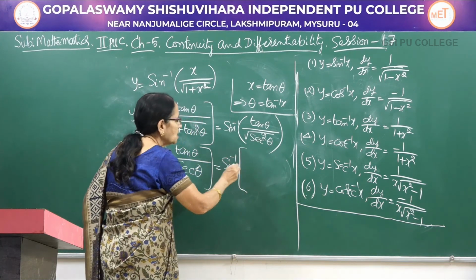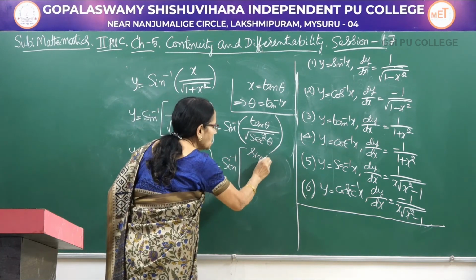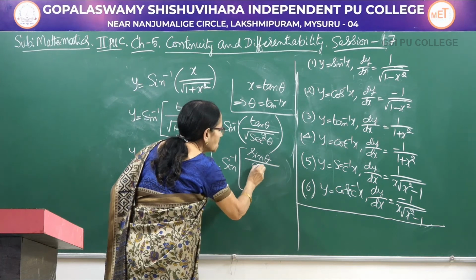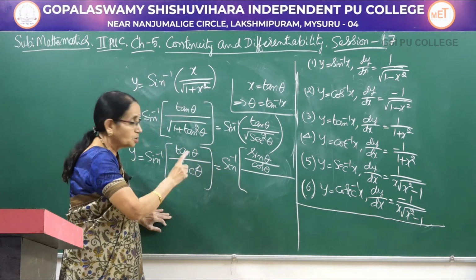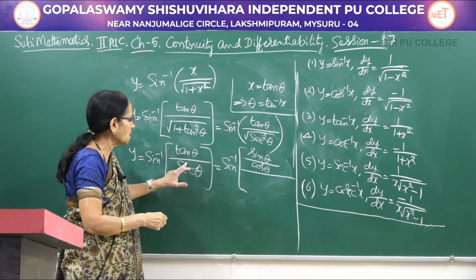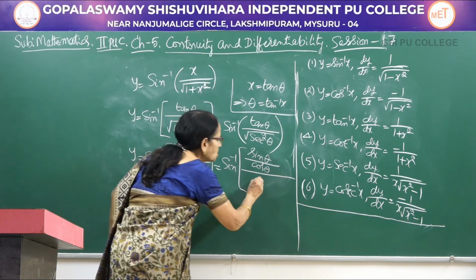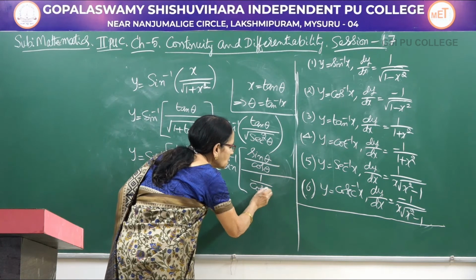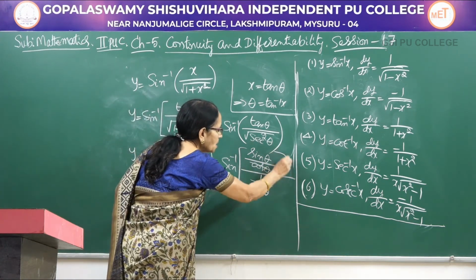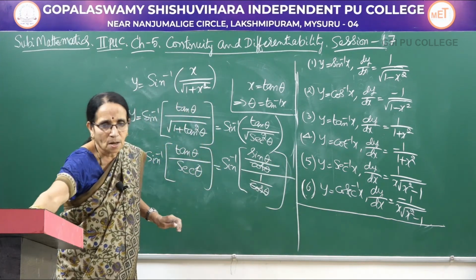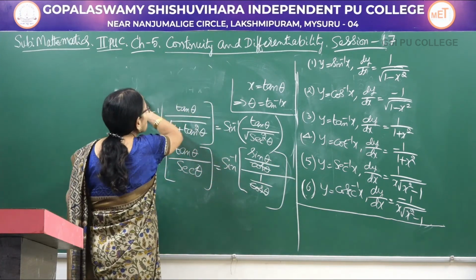Sin inverse of tan theta, you write it as sin theta by cos theta. Write a lengthy line here, just to differentiate numerator and denominator. Secant theta, how do you write? It can be written as 1 by cos theta. You observe cos theta can be cancelled. So what is remaining now?